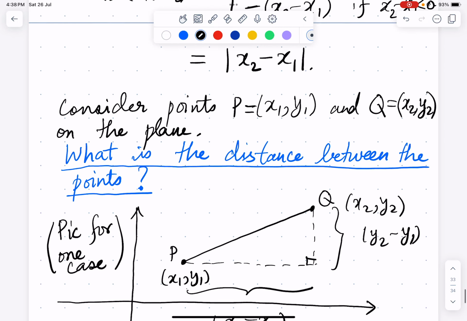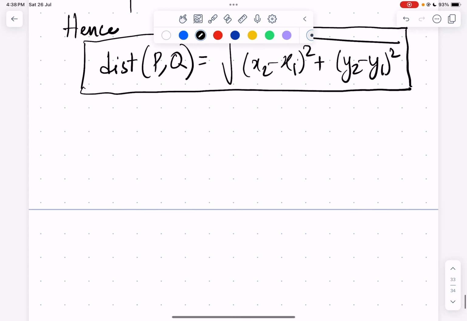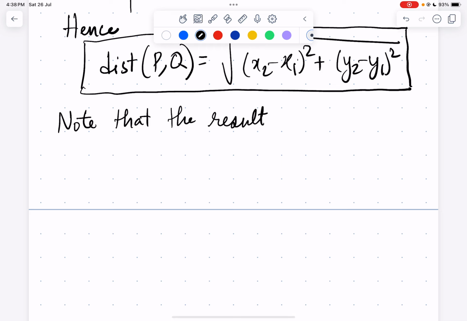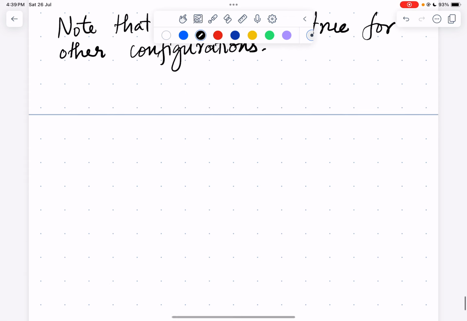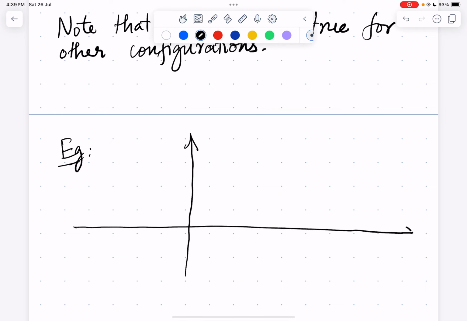So the picture is for one case, but you can note that the result holds for other configurations. So for example, one of the many configurations, you can consider this configuration.